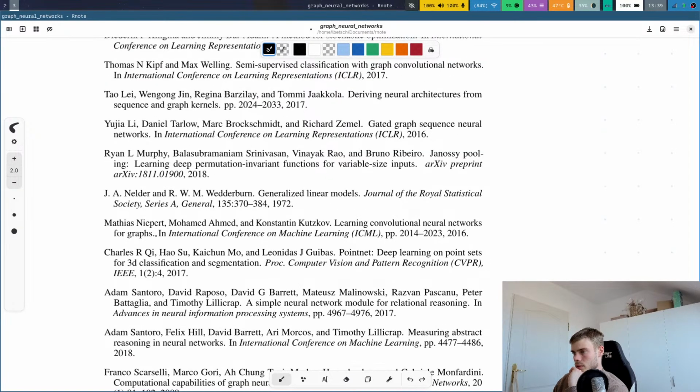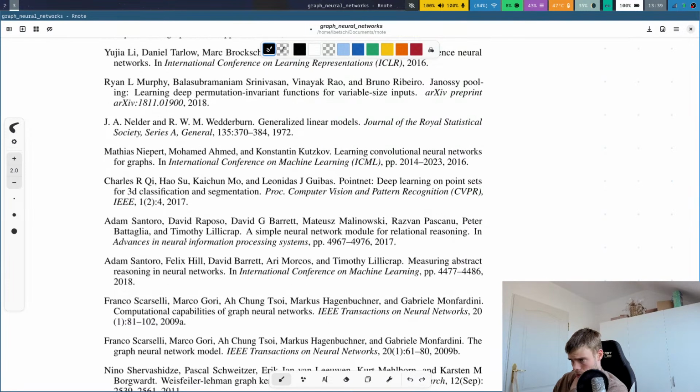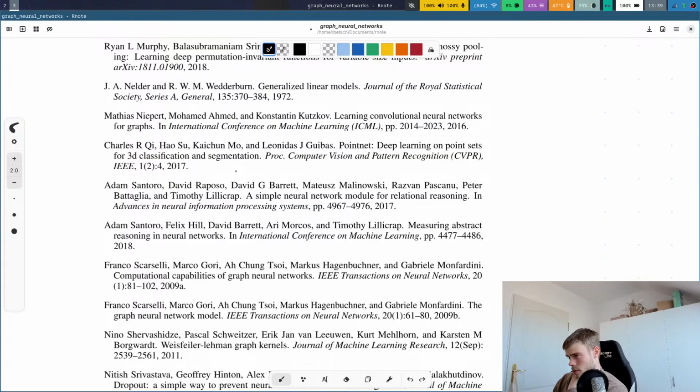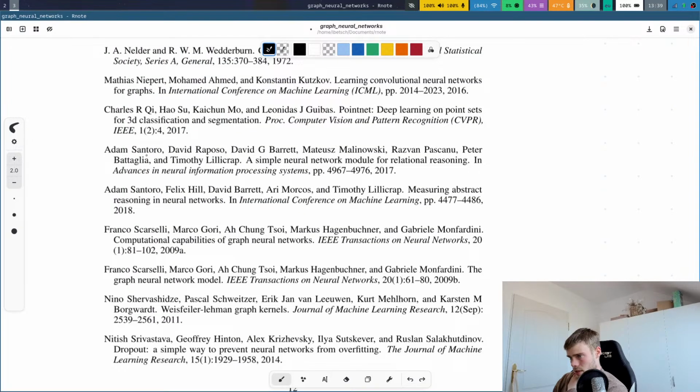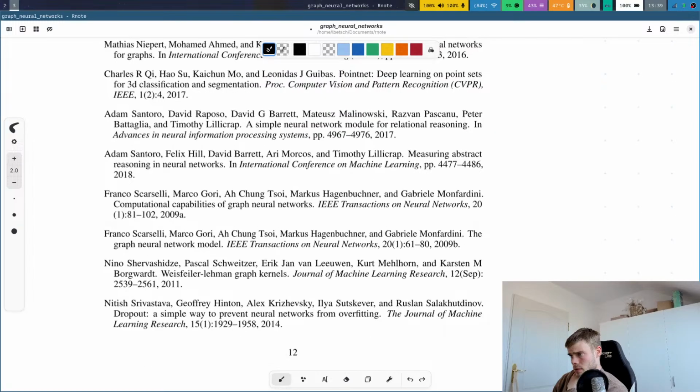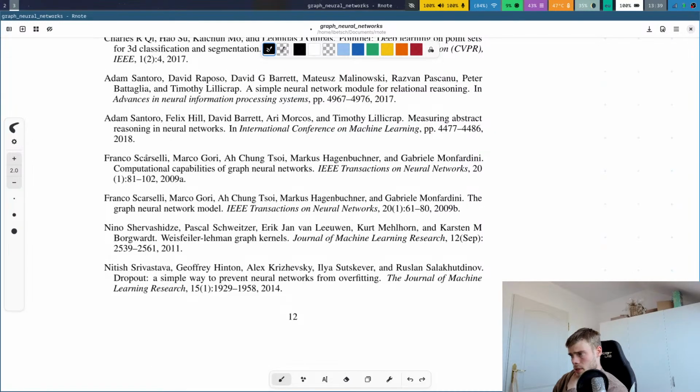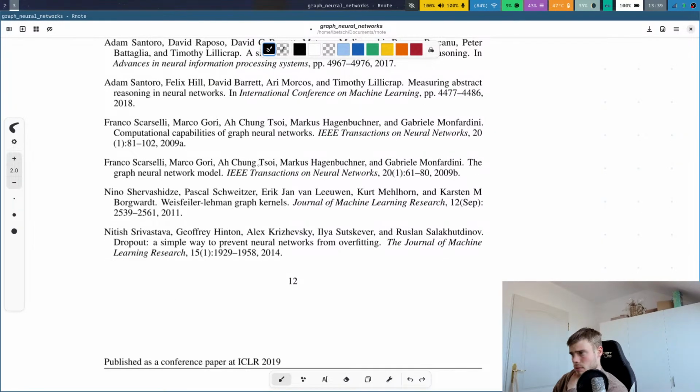Deep learning on point sets for 3D classification and segmentation. A simple neural network module for relational reasoning. Measuring abstract reasoning. Computational capabilities of graph neural networks. The graph neural network model.